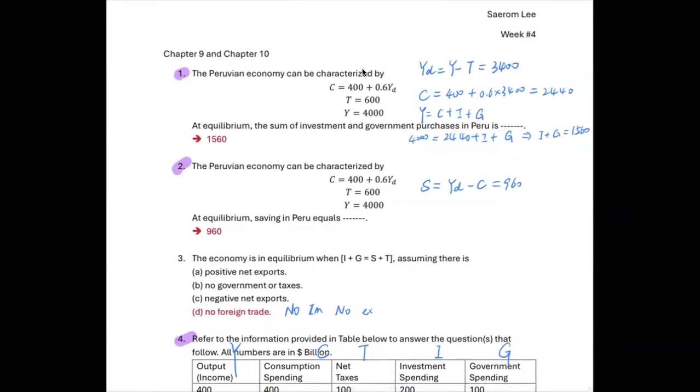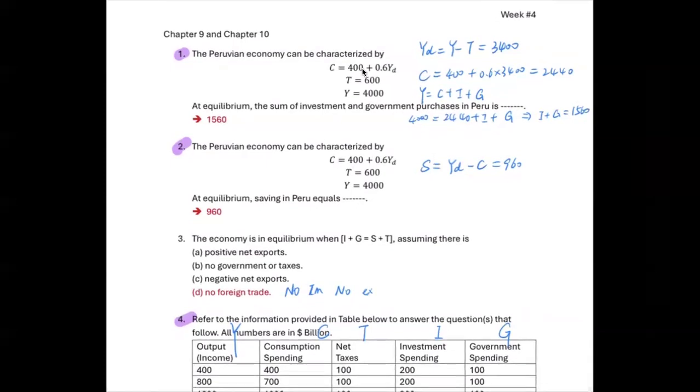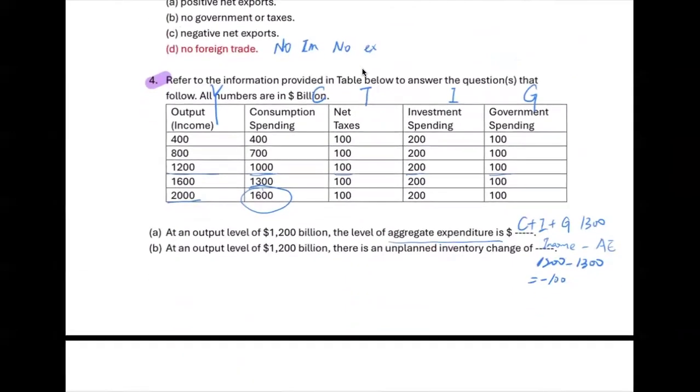Let's skip question 3 first because question 3 is only about definition, and we'll deal with all the definition questions later. Okay. And so let's look at question 4. So don't be afraid when you look at such a big table, right? You can just do like what I did.